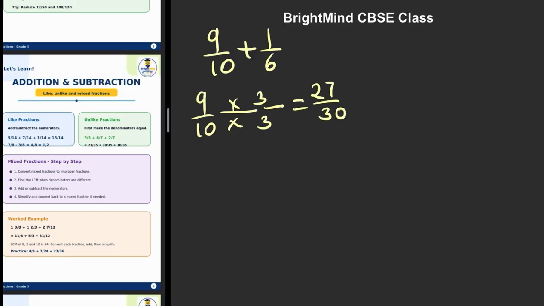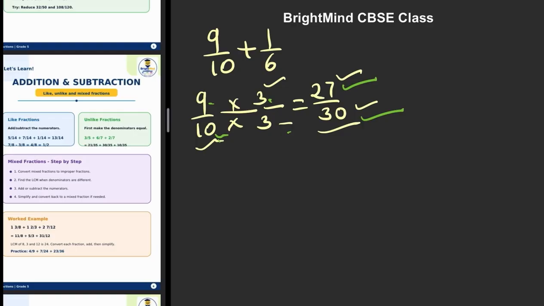Okay, so here I didn't change the value of the fraction. I have to do the same thing with the numerator and the denominator, because I am multiplying the numerator by 3 and the denominator by 3. 9 into 3 is 27 and 10 into 3 is 30.